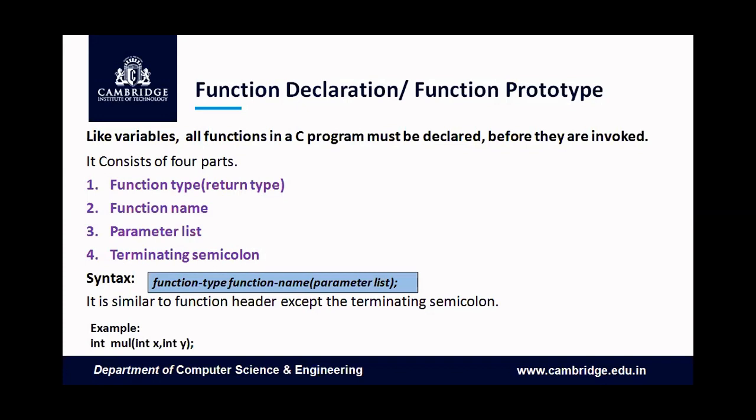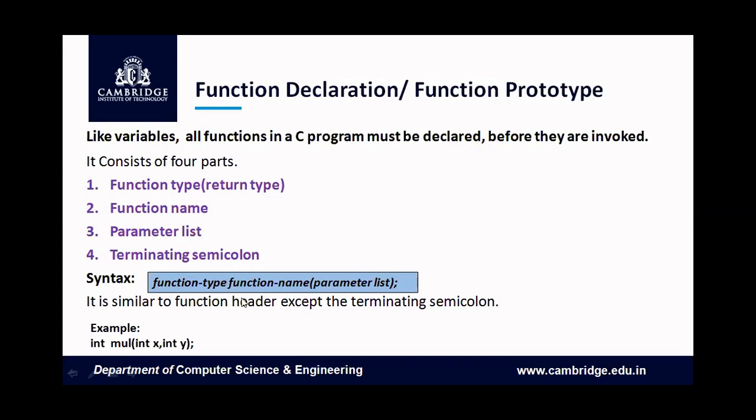If that is the case, first thing, how to declare. Second thing, where to declare. So we have 4 points in a function declaration: the function type, that is the return type, the name of the function, the parameter list, and it always ends with a semicolon. The syntax has been written here. First return type, name of the function, parameter list, ends with a semicolon.